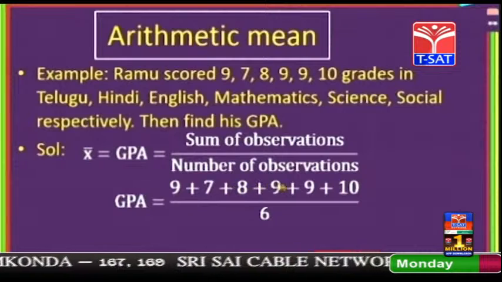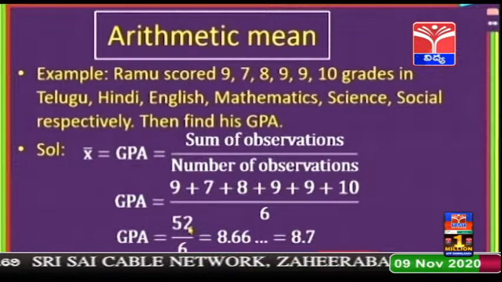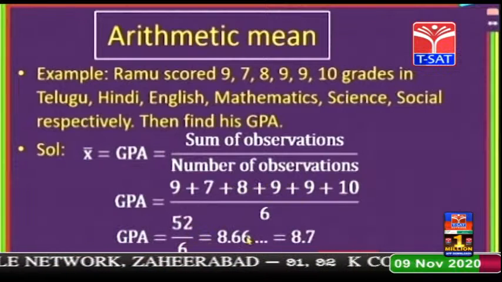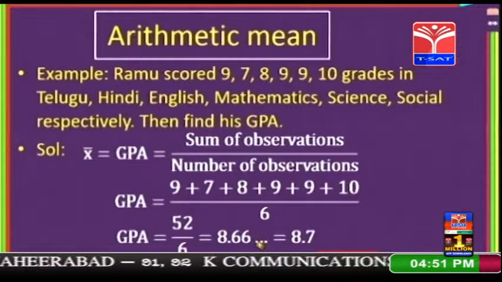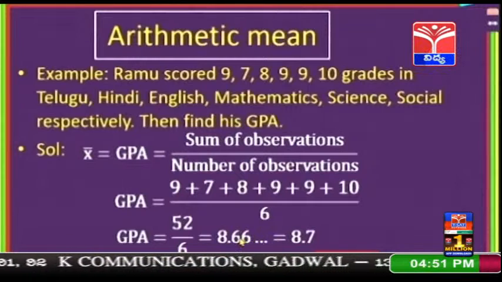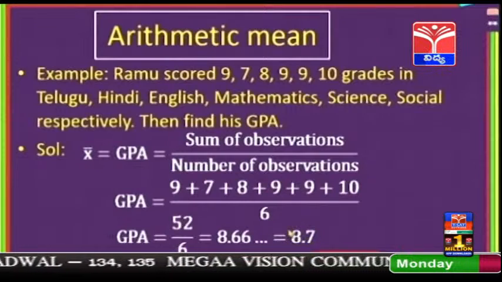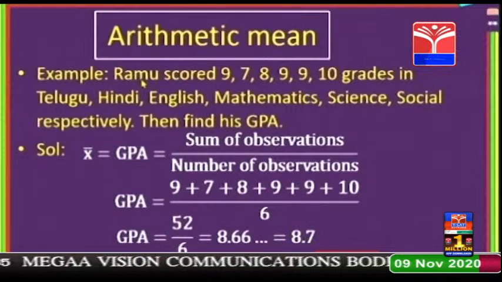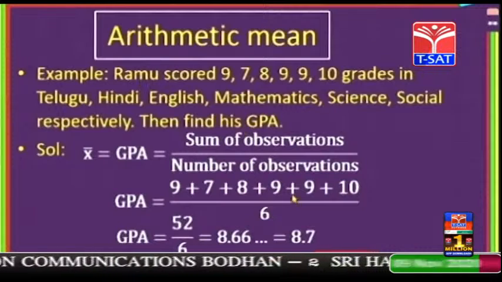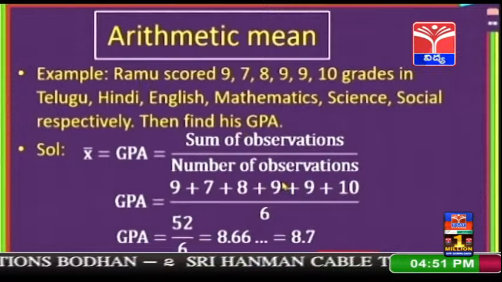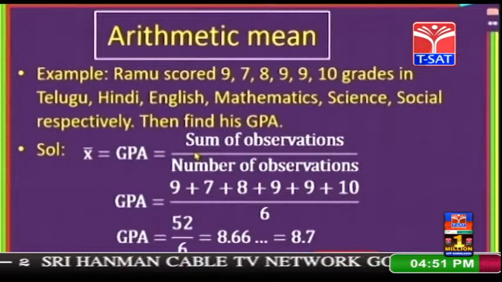The sum of all terms gives 52, and 52 by 6 is 8.66 and so on. If we round to one decimal place, the answer is 8.7. So Ramu's GPA is 8.7. Like this we can find our GPA also.